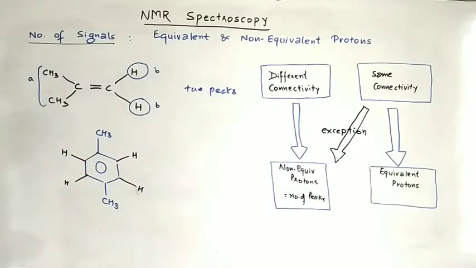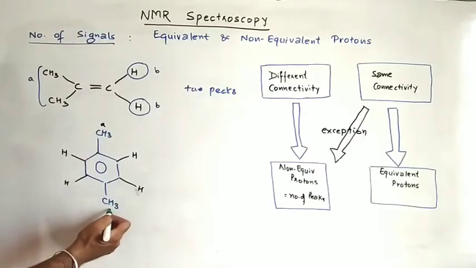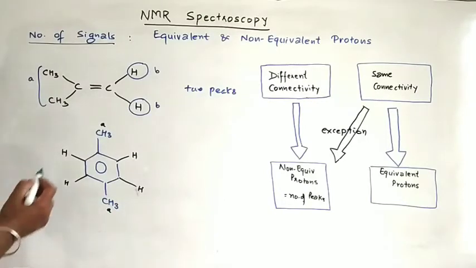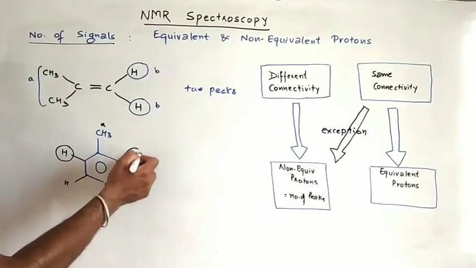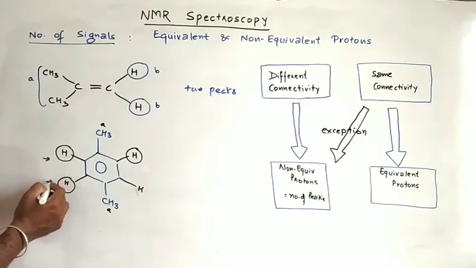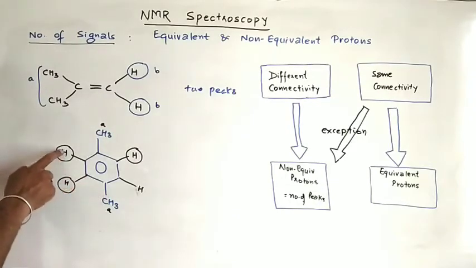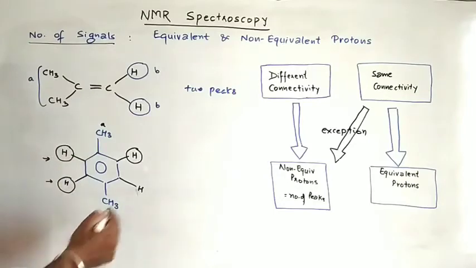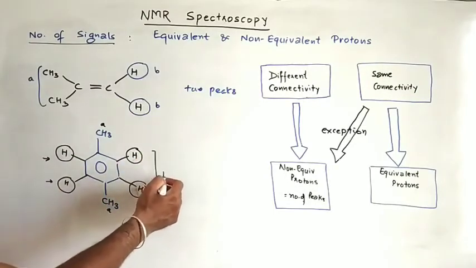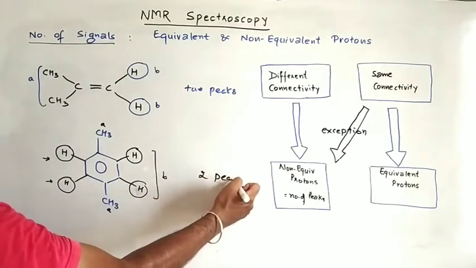Now see, these 6 protons have the same environment as these 3 protons, they are equivalent, A. These 2 protons, this one and this one, they are equivalent. But if you compare these 2 protons, they are also equivalent, as you can see. As this proton has methyl this side, this proton has methyl this side, same. It means all these protons give a single peak. So overall this molecule gives 2 peaks.